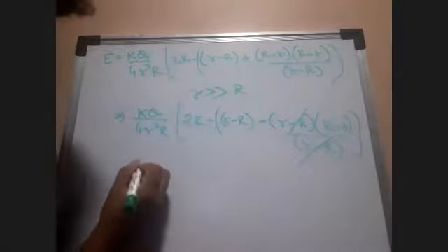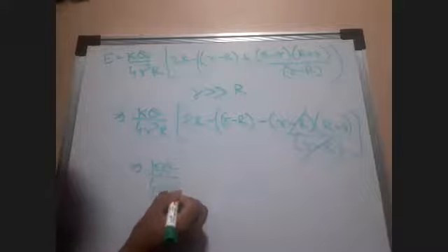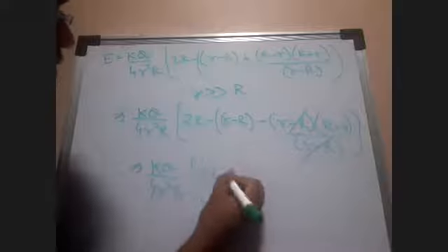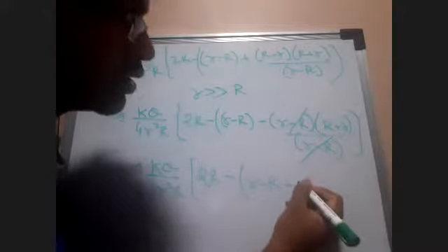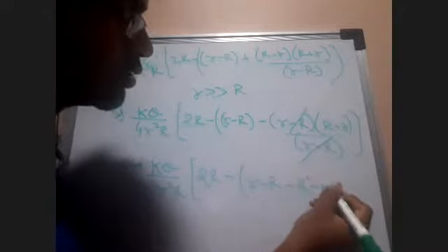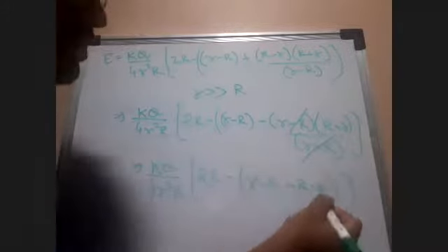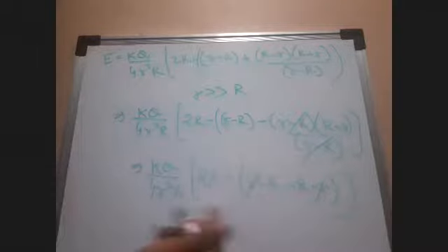What ultimately remains is kq upon 4r square capital R, 2r minus, r minus r minus r. So here you can see R and R get cancelled. This becomes minus 2r, 2r plus 2r, 4r.